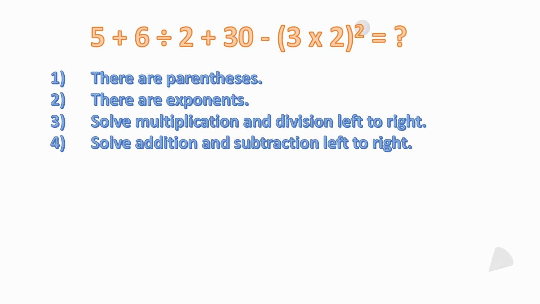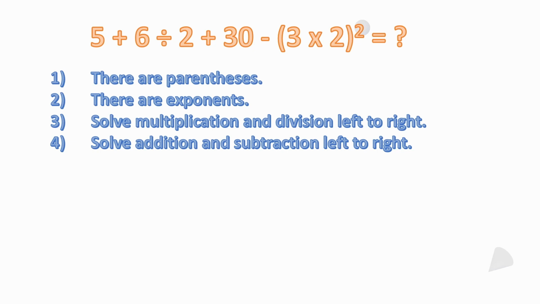If you are familiar with order of operations, you know the first thing we're looking for are parentheses, or you may refer to them as brackets. There's PEMDAS as an acronym, and there's BODMAS, BEDMAS, BIDMAS. There are different ones, so you may refer to parentheses as brackets depending on where you're from.